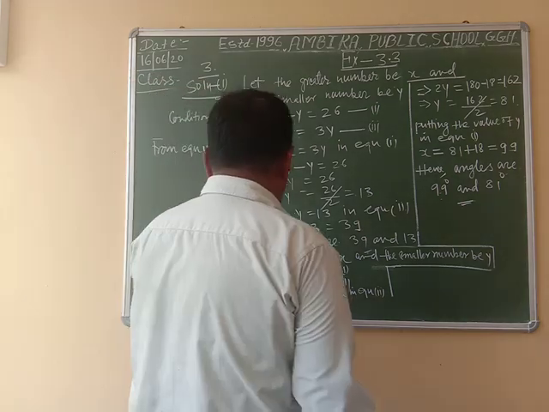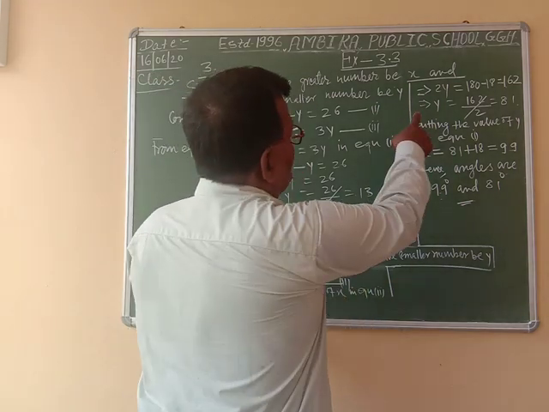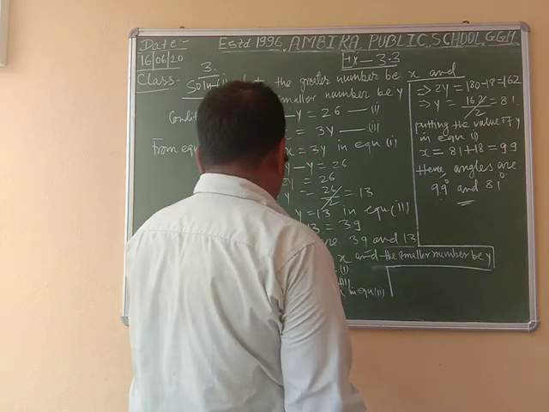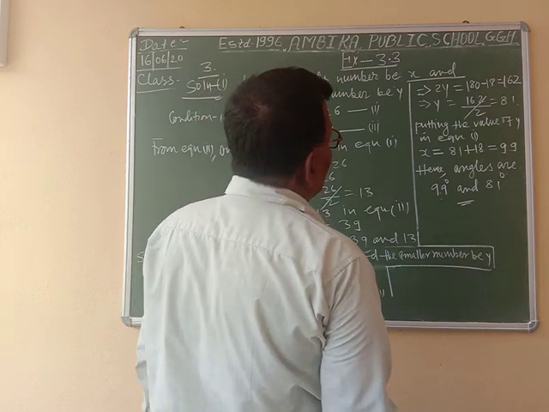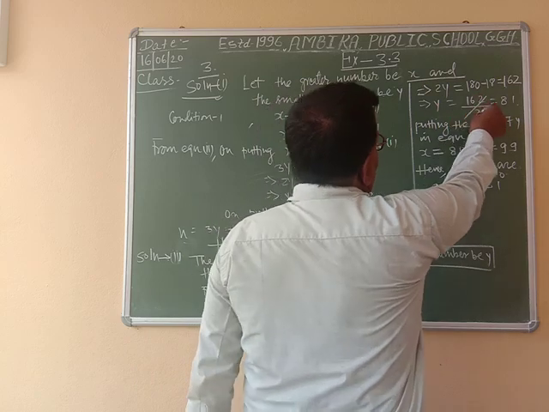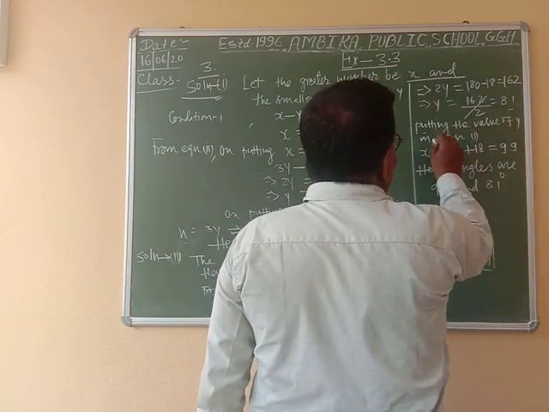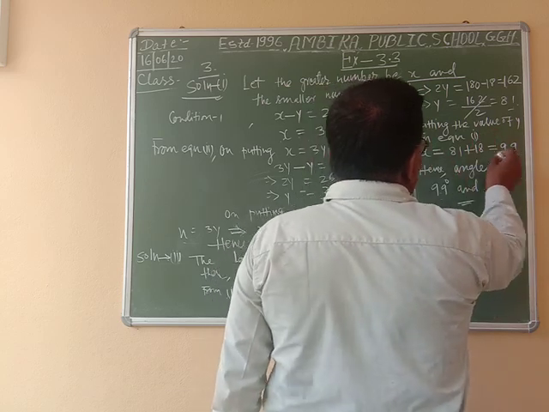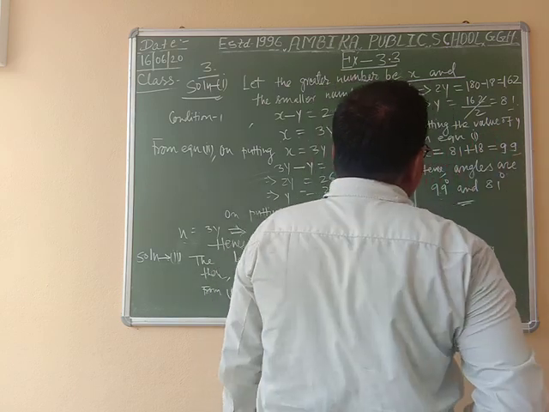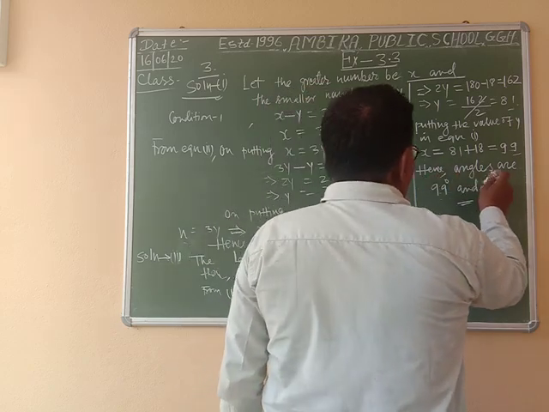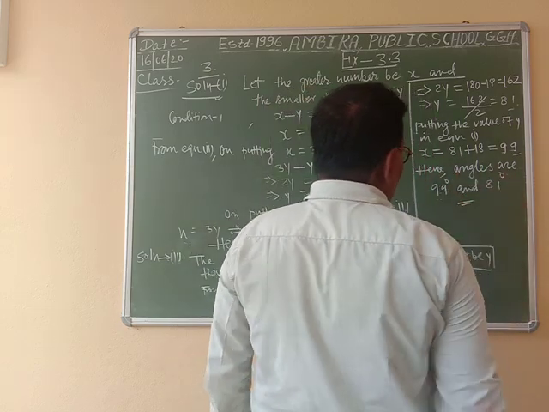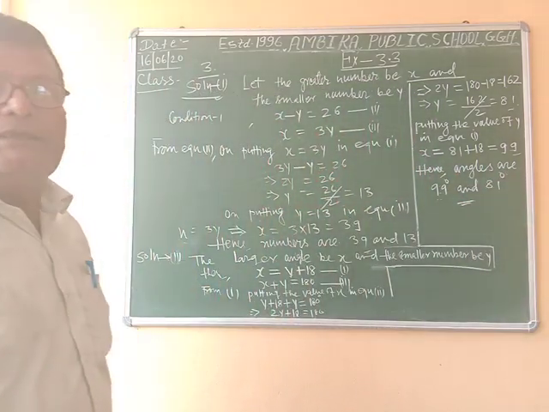Interchanging the sides, 2y is equal to 180 minus 18 equal to 162, or y is equal to 162 by 2 equal to 81. Now putting the value of y in equation number 1, x is equal to 99. Hence, the greater angle is 99 degrees and the smaller angle is 81 degrees.